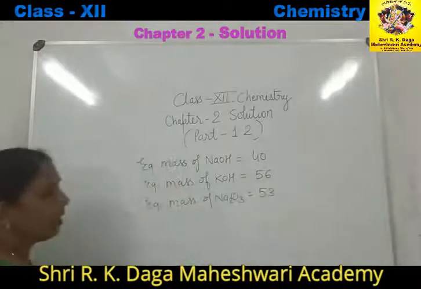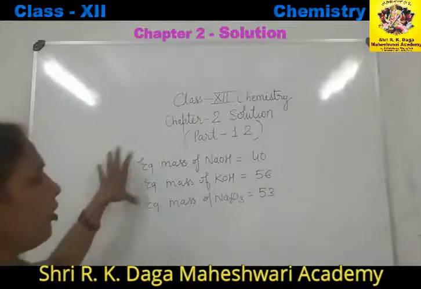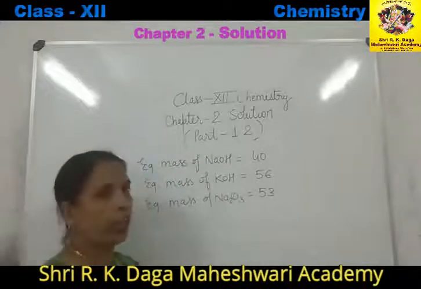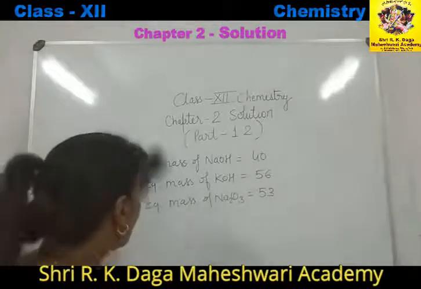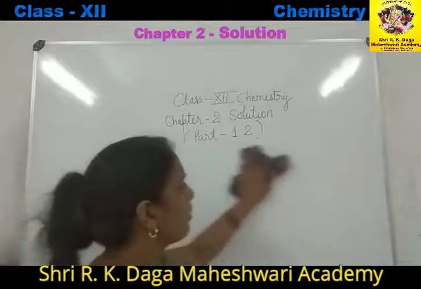These are some examples of a base and a salt. Now there are formulas to calculate the equivalent mass of an acid, a base and a salt.